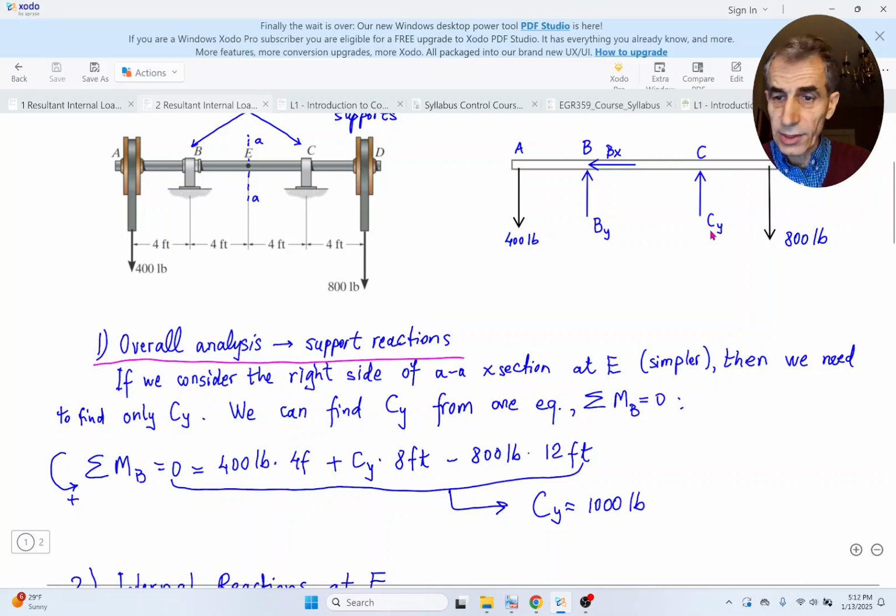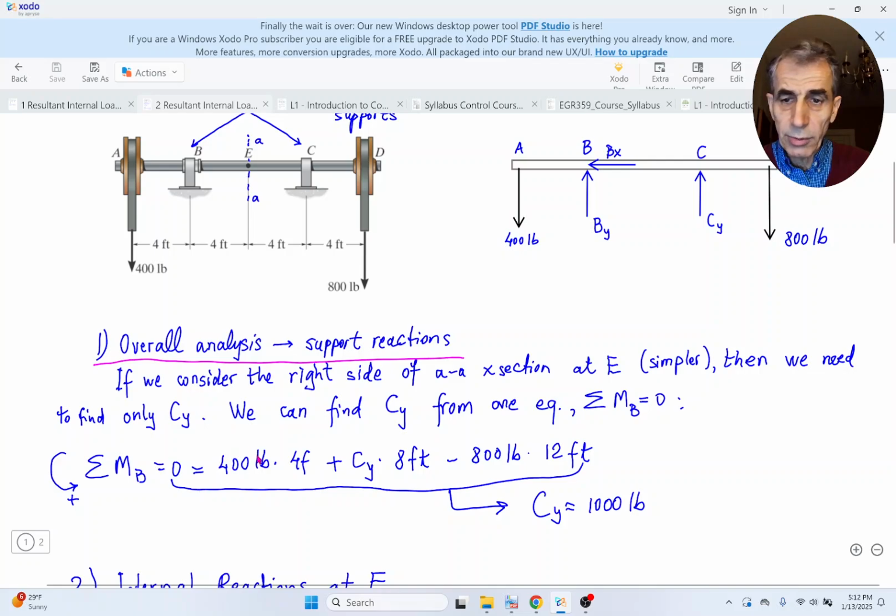We are after Cy, and as you can see, we have this 400 pounds pulling the beam downward, tending to rotate this beam around point B in a counterclockwise direction, which we selected as positive in this case.